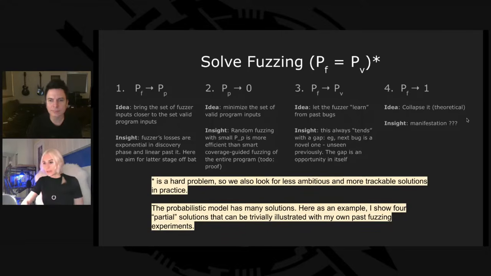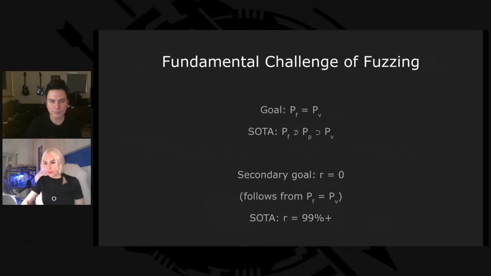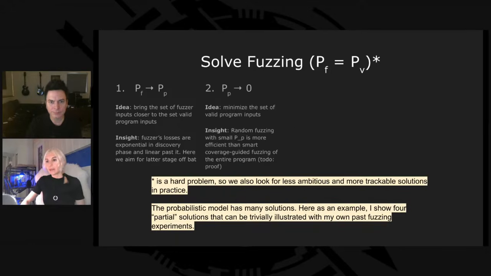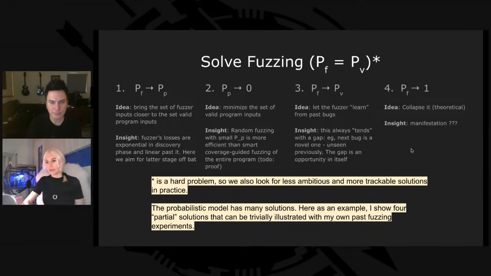My point here is that the model allows for many solutions. There are many ways we can play with it and use it to optimize fuzzing. Here I just showed four high-level examples that are encoded in the model. And most of them I can actually illustrate with my own fuzzing experience.